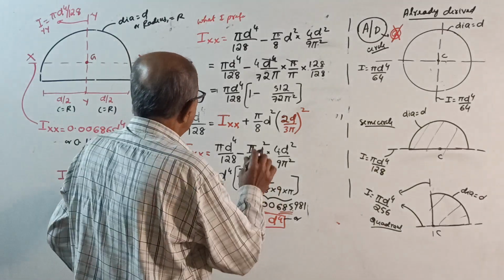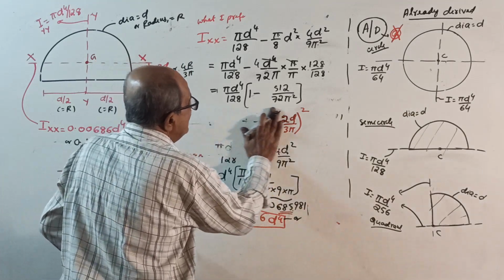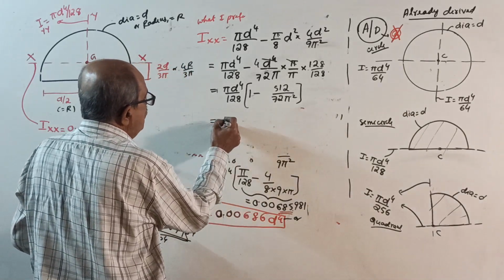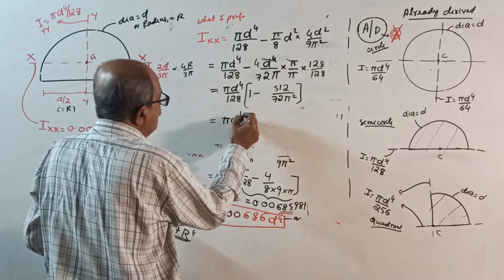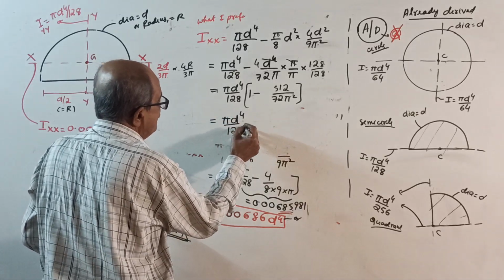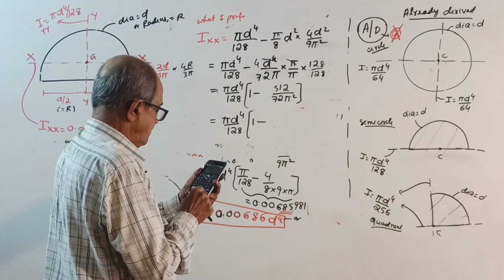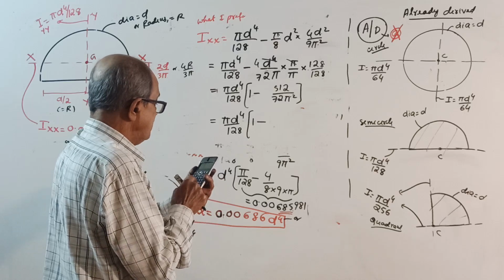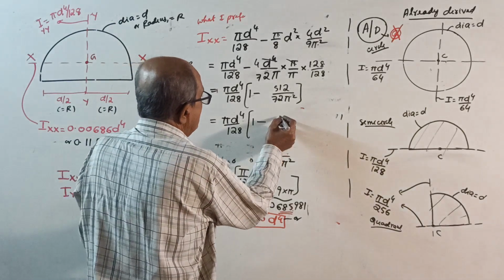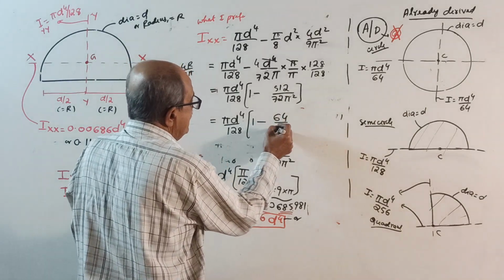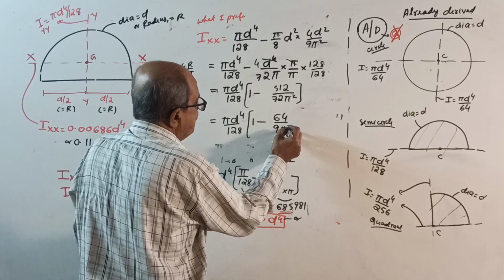0.00686, correct. Now you can do one thing. See here, Ixx equals pi d power 4 by 128 times 1 minus 512 by 72, which is exactly 64 by 9 pi square.